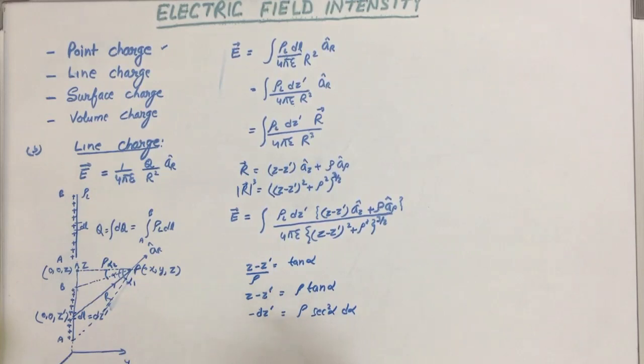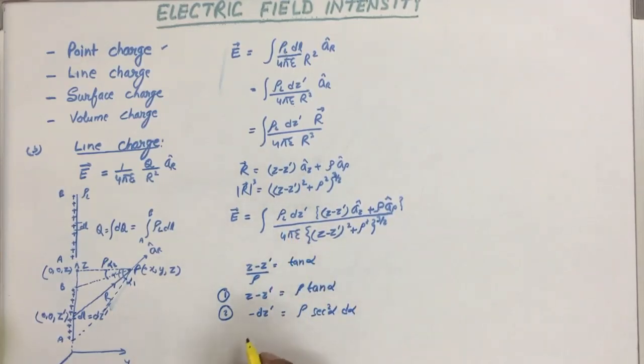Now two terms are known to us. The first one is z minus z dash equal to rho tan alpha. The second is minus dz dash equal to rho sec square alpha d alpha. So we will put z minus z dash and dz dash in terms of rho and alpha.